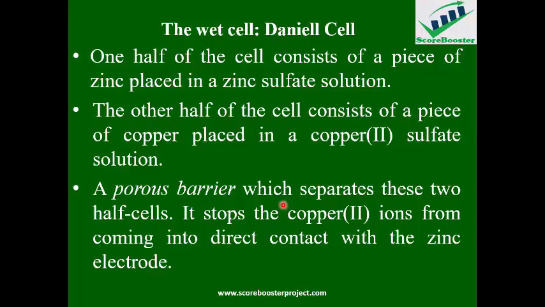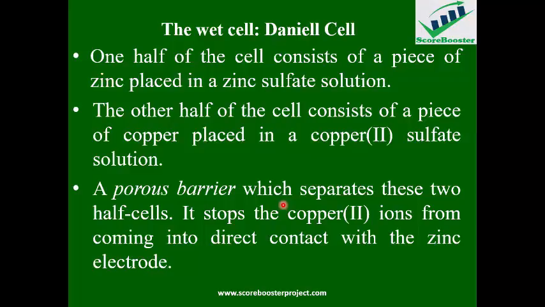In the wet cell, it is like that arrangement that we had during electrolysis. In the wet cell, we have two separate compartments. Each of them contains different electrodes and different electrolytes.